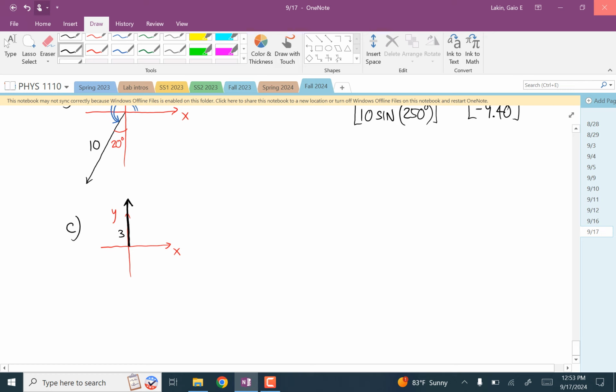Okay, but you could also think of it in terms of the angle. What's the angle counterclockwise that you have to go to take the x-axis to make it match up with that? 90, yep, positive 90. So it would be 3 times cosine of 90, 3 times sine of 90, and it would give you 0, 3 either way.